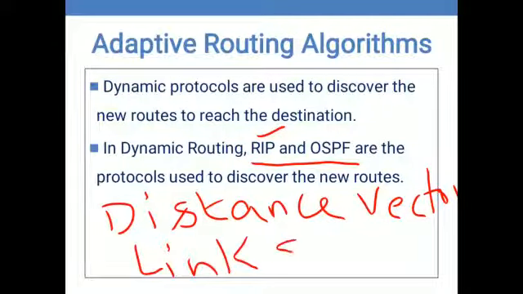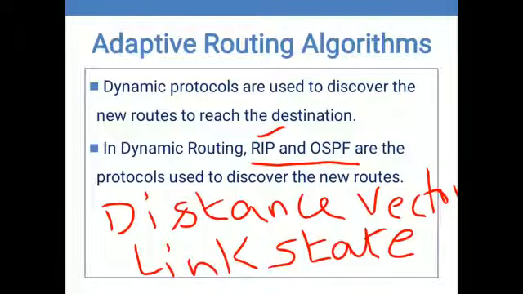The link state routing algorithm is one of the protocols used to find the new routes to reach the destination. Here we consider Open Shortest Path First. What is the shortest path? We have n number of routes, and from those we need to choose the best path. How will we choose the best path? Which one is the shortest one?